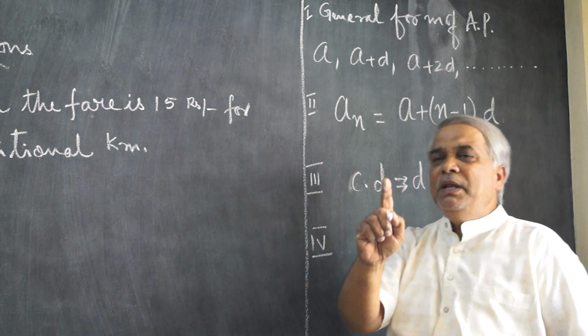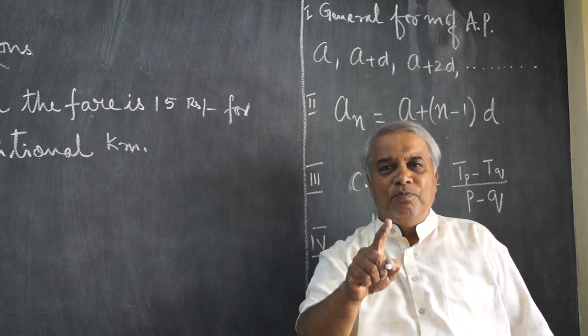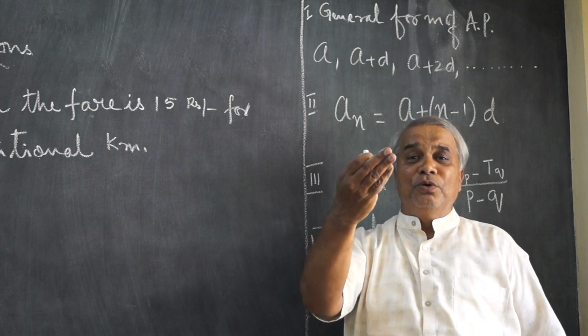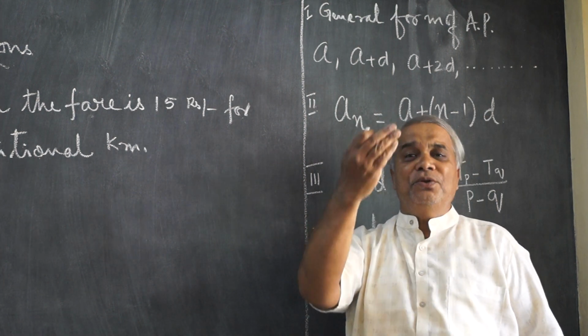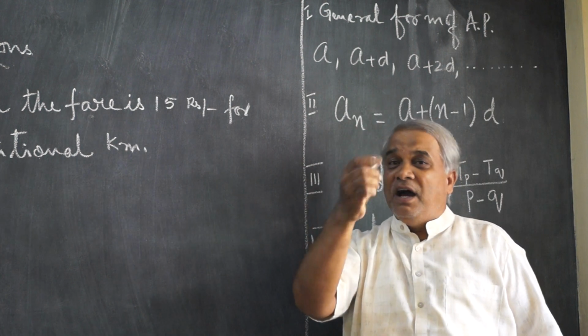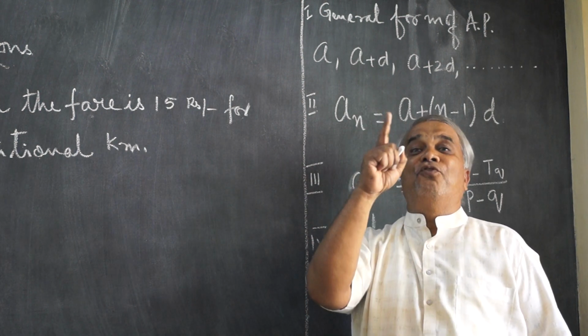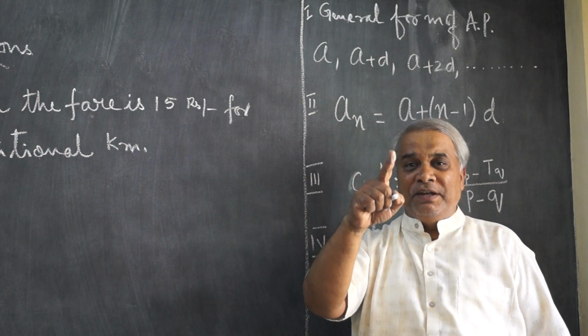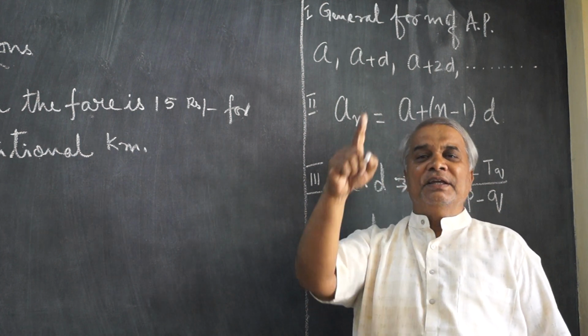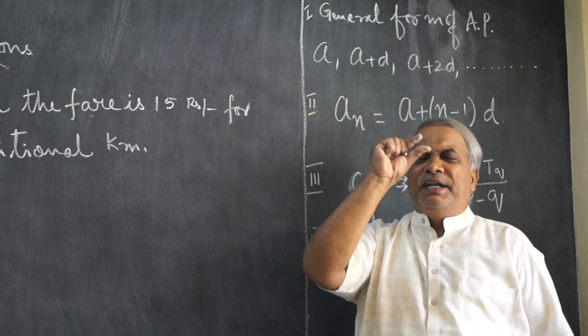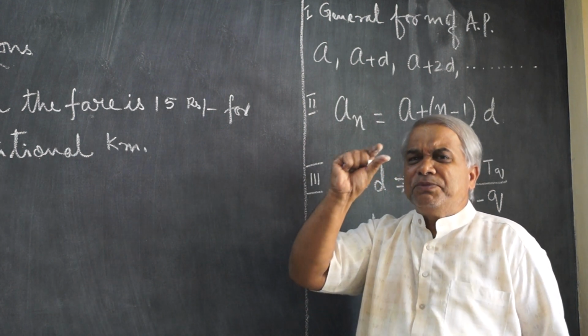I gave the example 2, 4, I have added 2. Again add 2, 6, again add 2, 8, like that. Another example, do you remember I gave? 3, 5, 7, 9, etc. That means here we are going to add a definite number for every subsequent number.